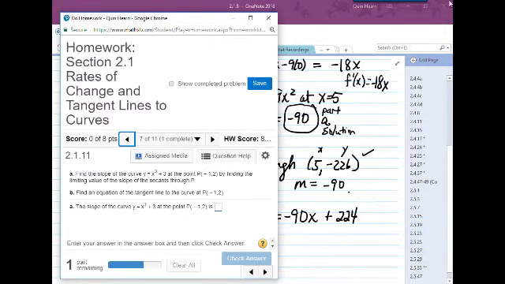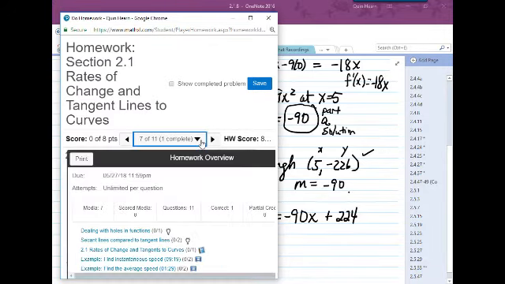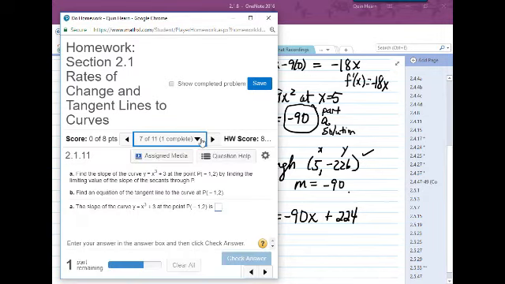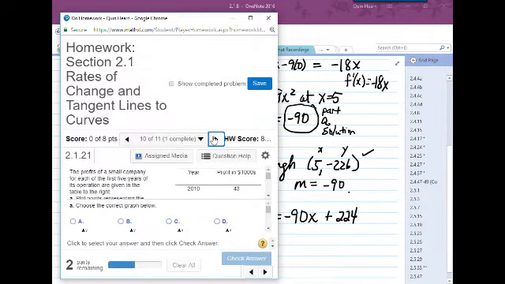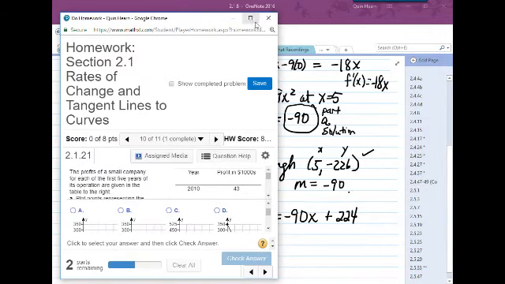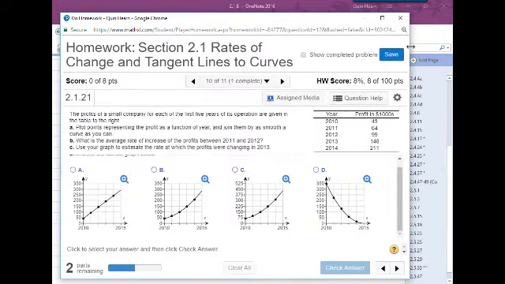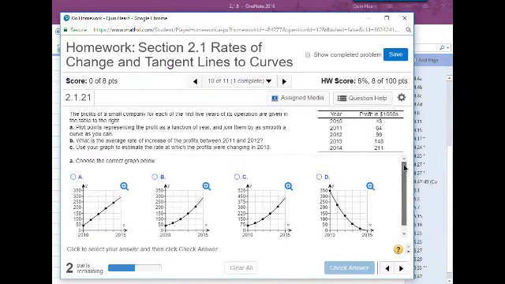Eleven. Okay, is this the item 11 that you're referring to?